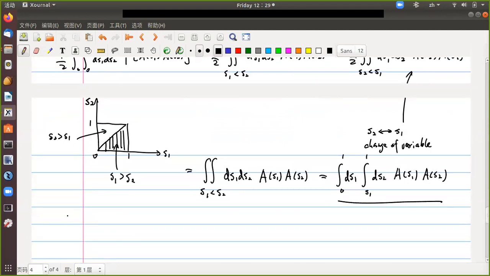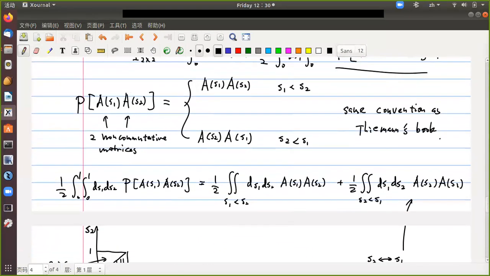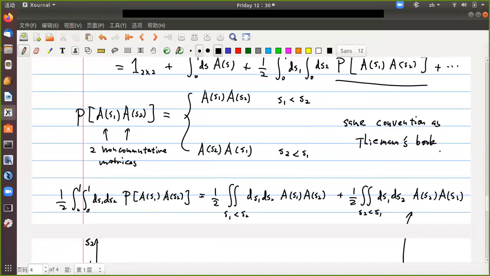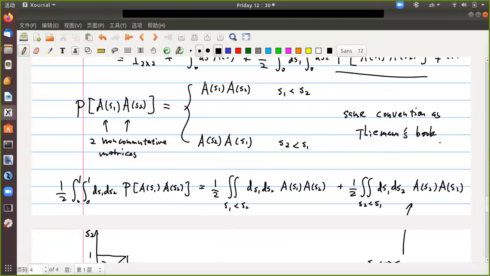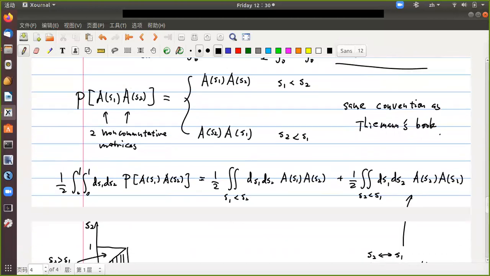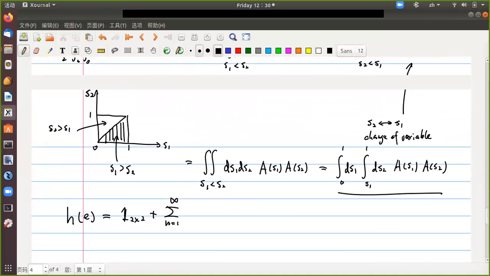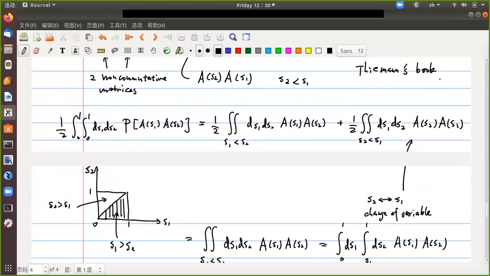Now we can write this holonomy more explicitly. This holonomy equals the identity matrix plus a sum from n equals 1 to infinity. All the higher order path ordering operators P work the same. You just permute the matrices so that they satisfy the ordering in s.